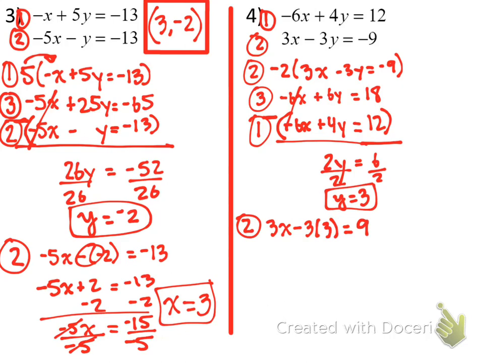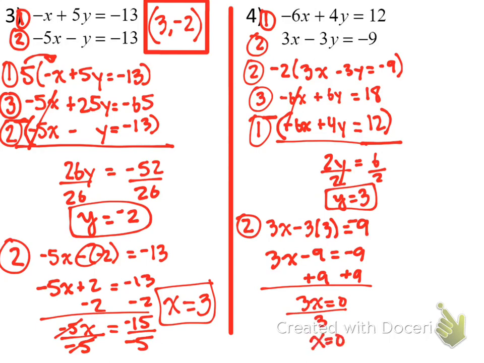So we got 3x minus 9 is equal to -9. Add 9 to both sides. So we got 3x is equal to 0. Divide both sides by 3. X is equal to 0. So your answer should have been 0, 3. Okay?